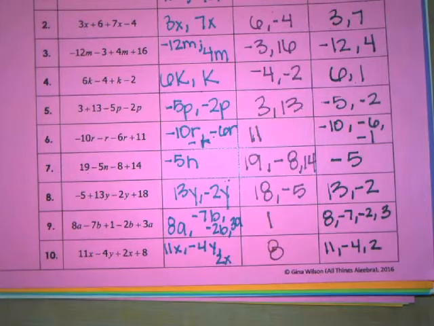Now, why do you think it matters that we know the difference between all of those in terms of what we're going to be learning here, which is combining like terms? Why do you think that matters? Braden, what do you think? That's okay.